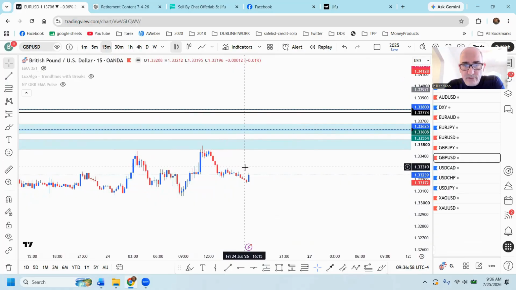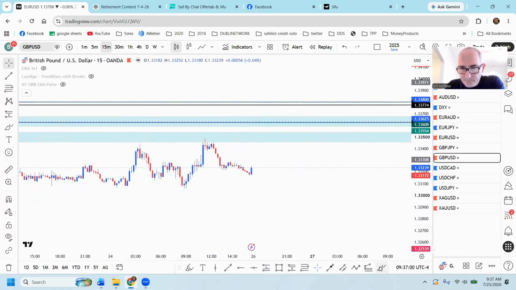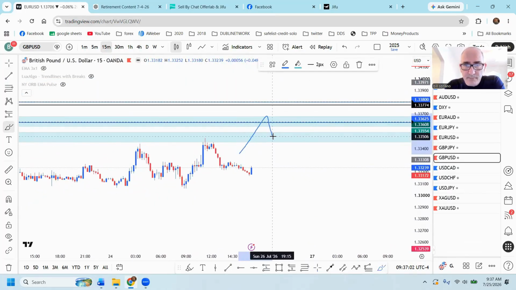So we're going to look for some kind of M pattern to form here. And then we're going to draw a trend line. And once we get that break of the trend line that is confirmed with our quantum scanner, then we have a potential entry on GBP USD.